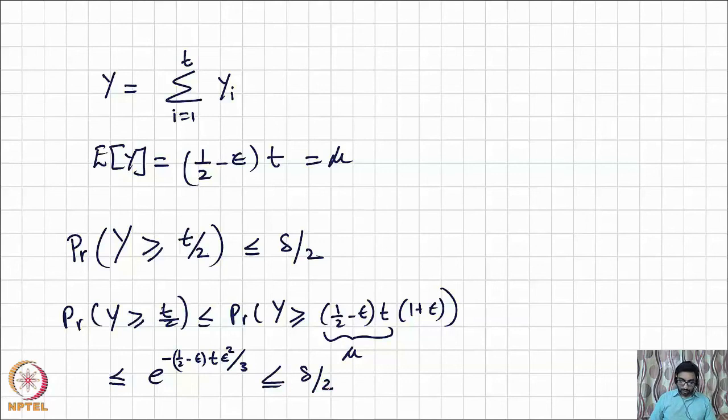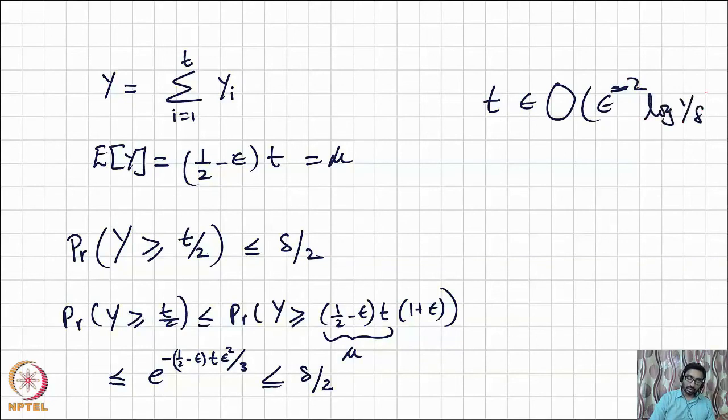So if you work out the mathematics, we can conclude that this inequality can be achieved with T belonging to O of epsilon to the minus 2 times log 1 by delta. In fact, I would encourage you to find out the exact T value for which this inequality holds.